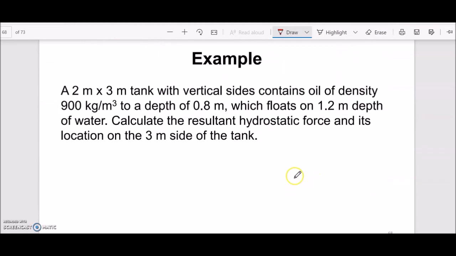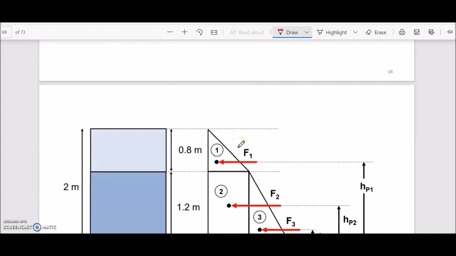So let's look into this example. A 2 meter by 3 meter tank with vertical sides contains oil of density 900 kg per meter cube to a depth of 0.8 meter, which floats on 1.2 meter depth of water. Calculate the resultant hydrostatic force and its location on the 3 meter side of the tank.